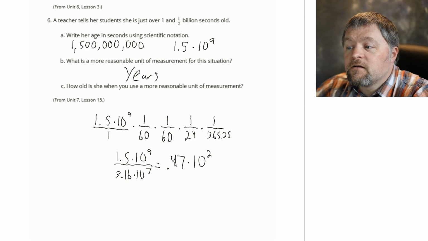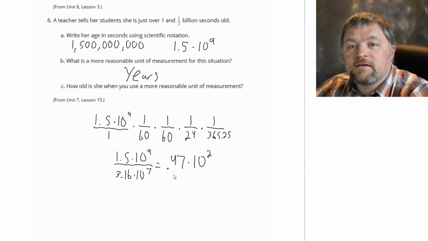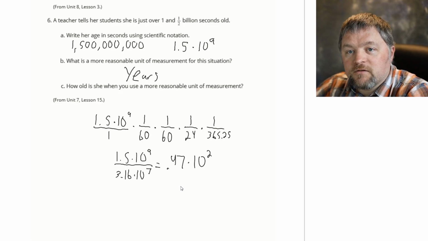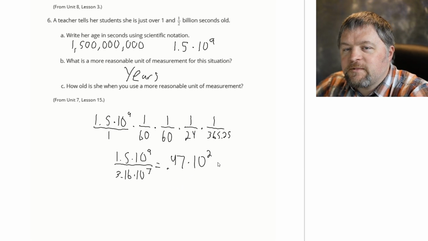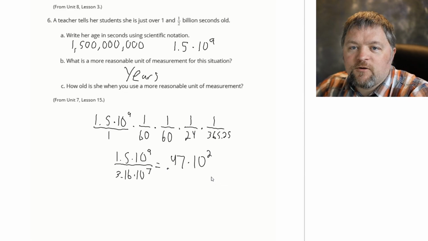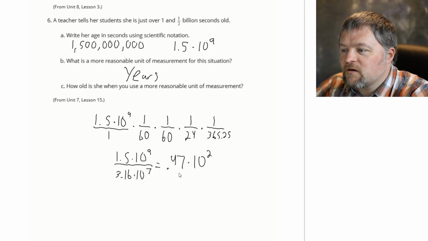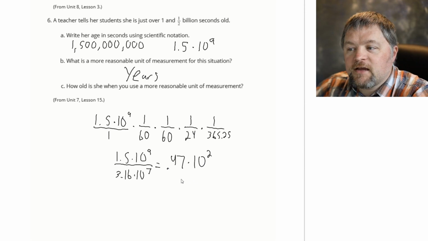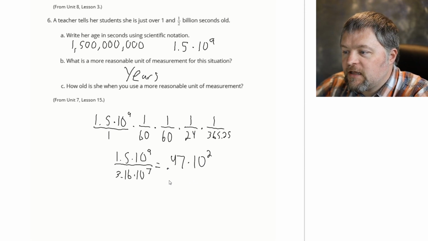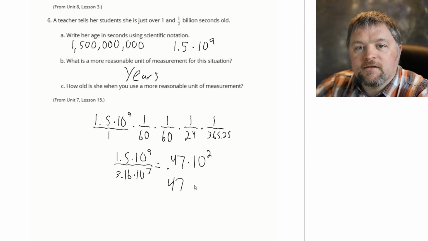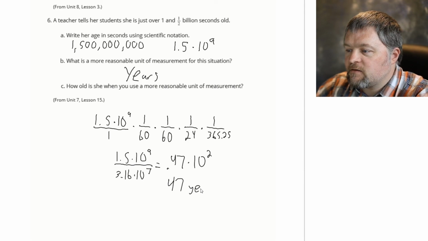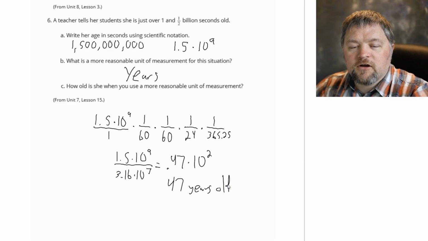So the teacher's 0.47 times 10 to the power of 2 years old. Well, now maybe the scientific notation doesn't make quite so much sense anymore. 0.47 times 10 to the power of 2 is 47. The teacher is 47 years old.